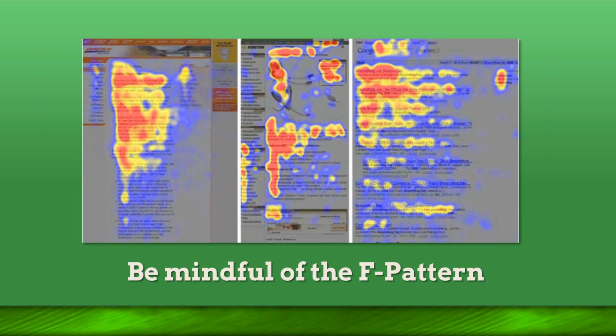Because of this F pattern, users aren't reading the text thoroughly, word by word, as they would if they were sitting down with a magazine or your annual report. Yes, some people might, but most are not. The first two paragraphs have to have the most important information. Readers are probably going to read more of the first paragraph than the second, so you've got to be informative and clear there.